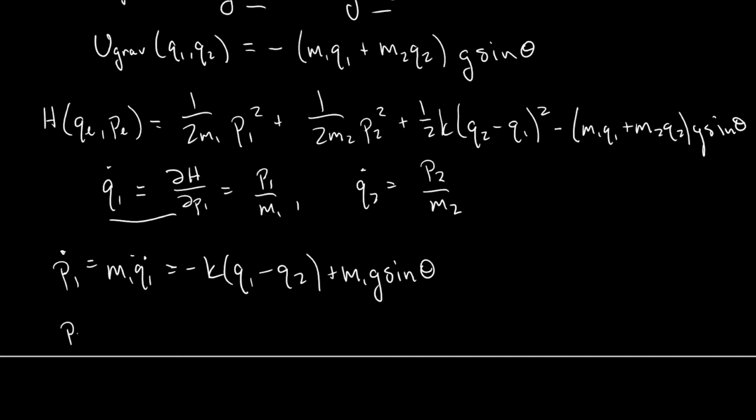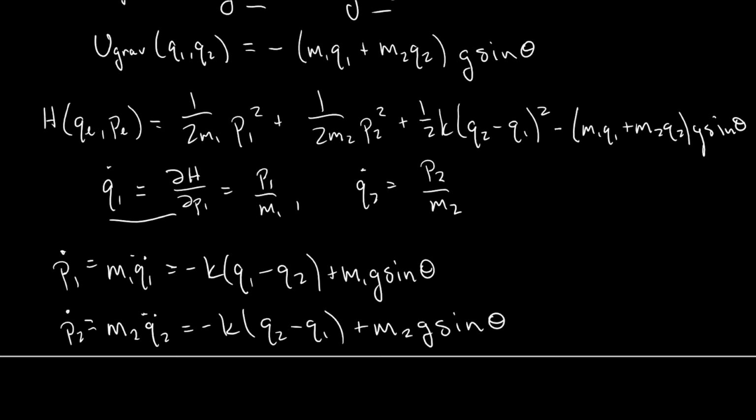And then p2 dot is m2 q2 double dot, equal to minus k (q2 minus q1) plus m2 g sine theta. And there are our equations of motion.